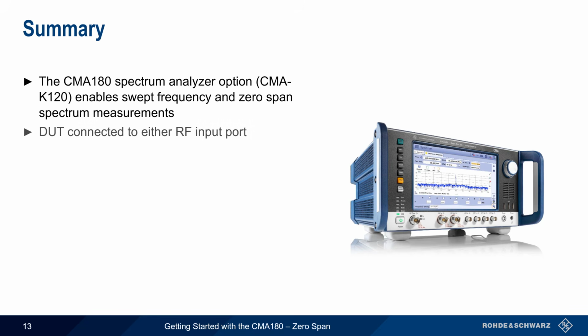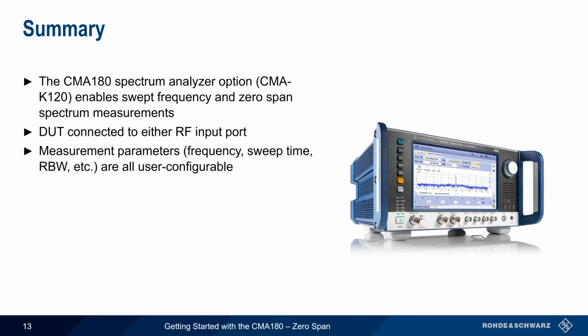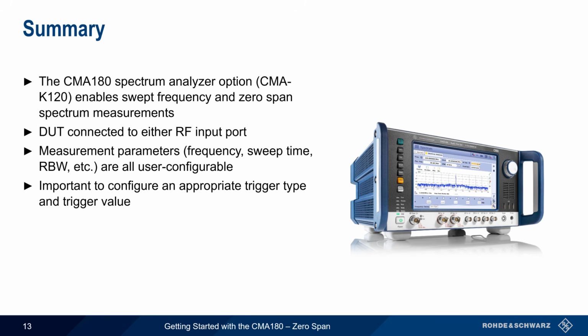The device under test can be connected to either of the CMA's two RF input ports, although be sure to observe the maximum input power for each port. Zero-span measurement parameters such as center, sweep time, RBW, etc. are all user configurable. Recall that zero-span measurements usually require a properly configured trigger to obtain useful and stable measurements.